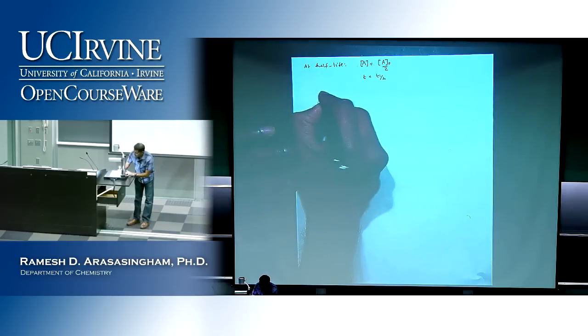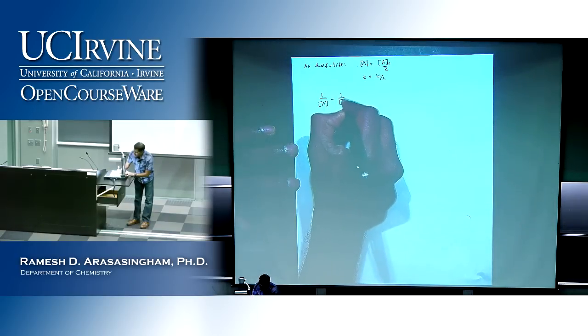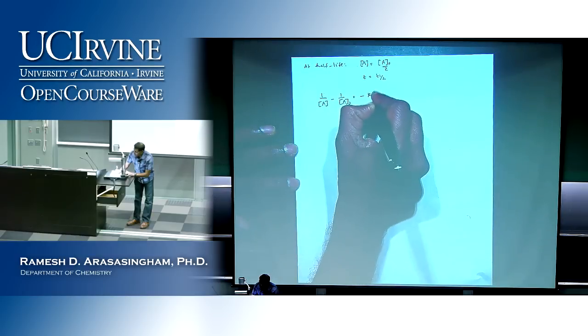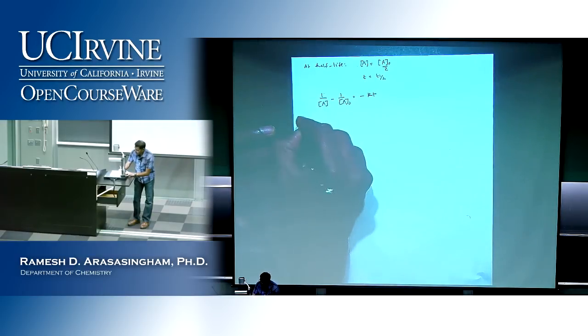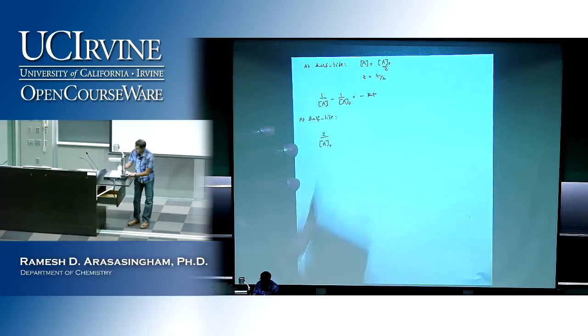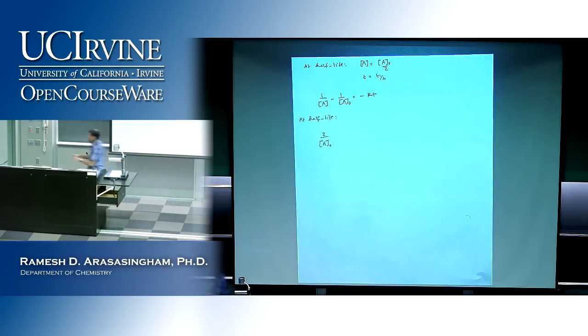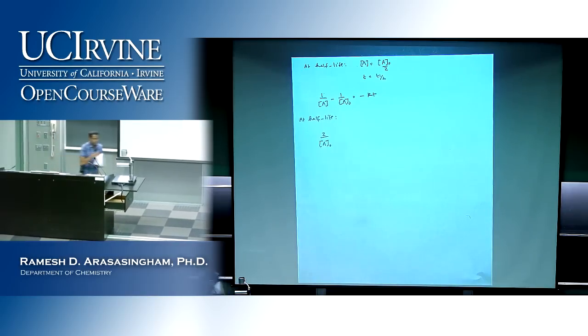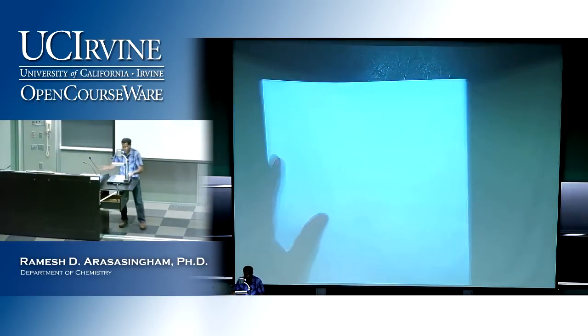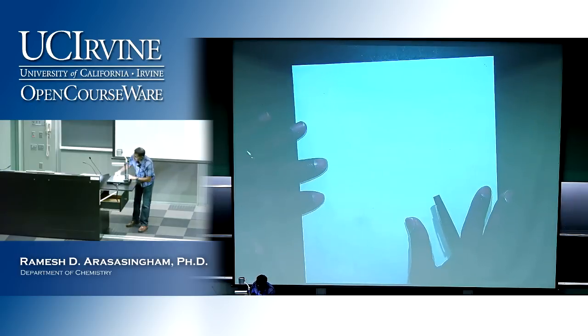So we go to the equation for 1 over A minus 1 over A0 equals KT. Wait a minute. Sorry. I'm doing the second order one. Please bear with me. I'm thinking about something else.